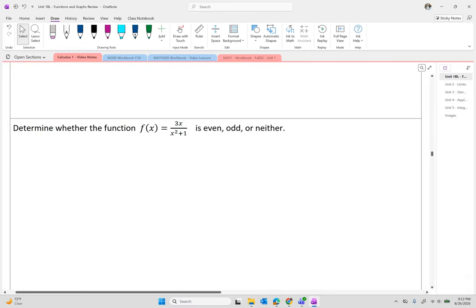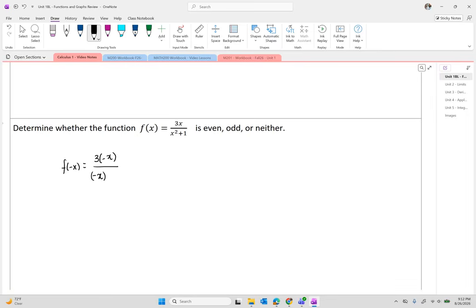For this function f of x equal to 3x divided by x squared plus 1, if I do f of negative x, I will get 3 times negative x over negative x squared plus 1. This is negative 3x in the numerator.